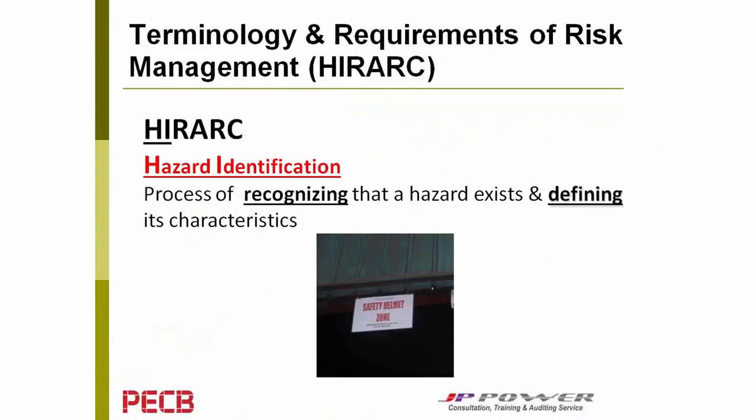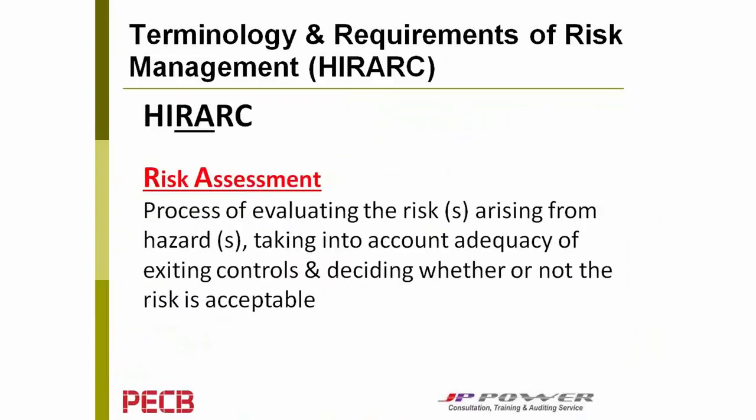HIRAC is a short form, as you can see here. It begins with HI, which stands for hazard identification. It is a requirement for the organization to identify hazards in the workplace. Once the hazards have been identified, it is very important that the risk level of the hazard be evaluated, be assessed.